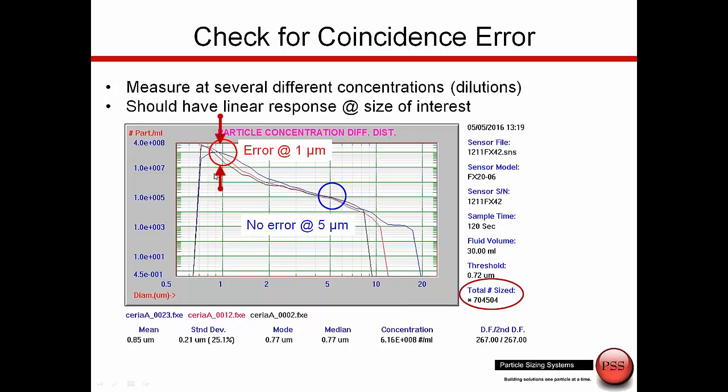But if we look down here at 1 micron, we see changes in the particle count with concentration, which says we are experiencing a coincidence error here. Therefore we would want to work at this lowest concentration, where we are outside of the area where we have any coincidence count. And by the way, look at the number of particles in these studies: this is 704,000 particles.